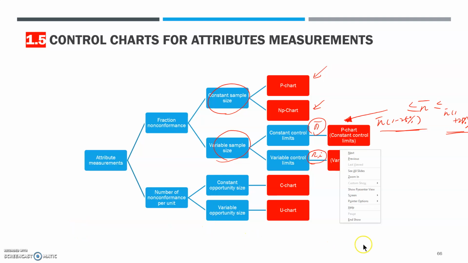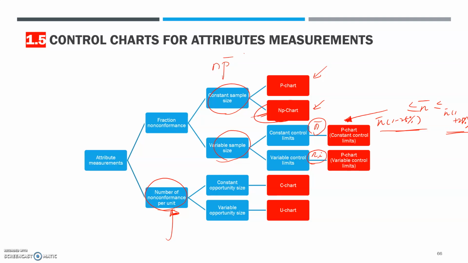So for that, let's move on to the number of nonconformance based approach. You may be wondering, what is the difference between this and the NP chart? When we come out with an NP chart, this is basically the fraction-based approach.